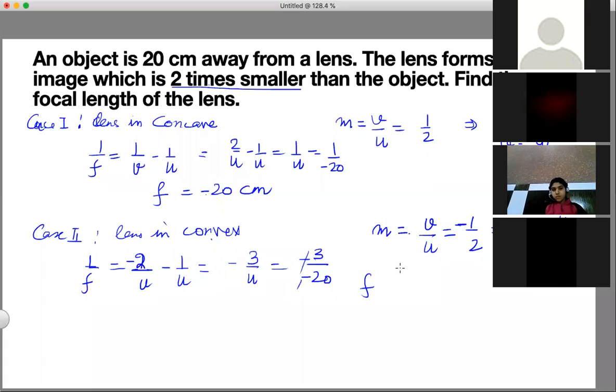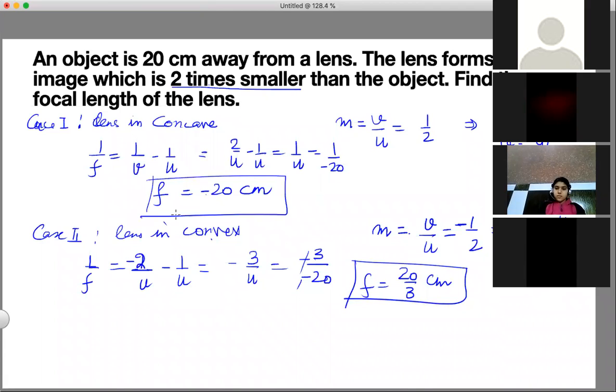So f is equal to 20 by 3 centimeter, which comes out to be positive, and we said it is a convex lens. So we should be quite sure that we did the right thing. So there are 2 answers to this. It can be either this lens or this lens. Okay.